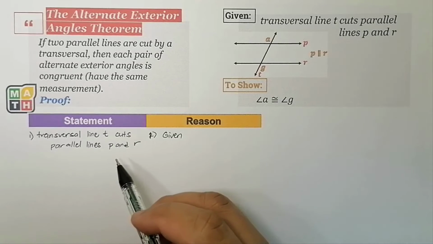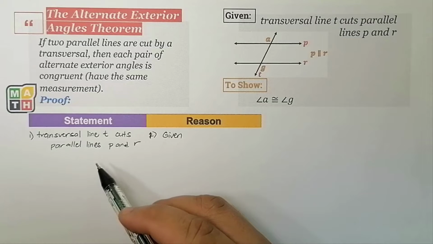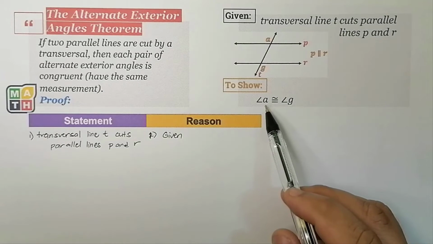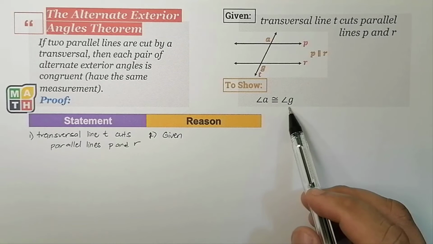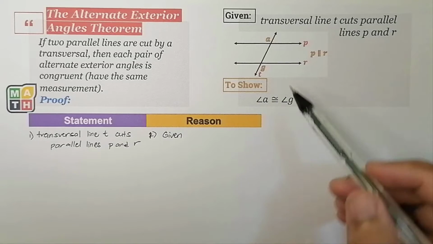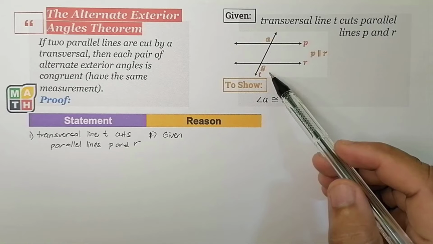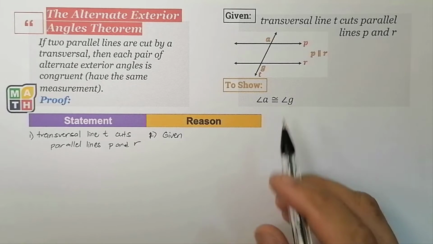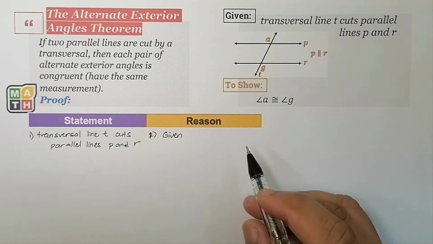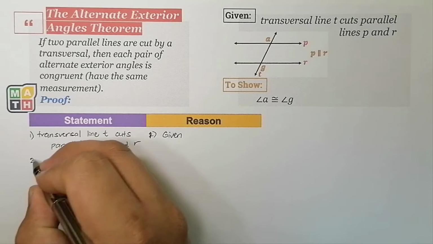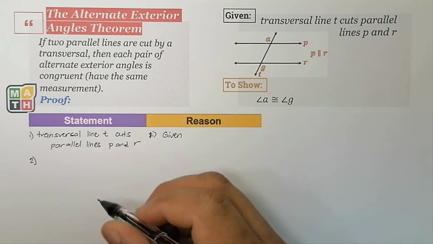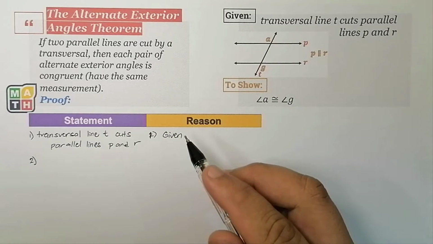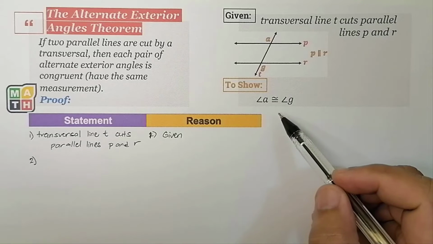Out from these relationships, we need to look for the relationships between angles since our intended outcome involves angles. For this, we have angles A and angle G. However, it's also good to note that we could add here a statement where we are going to name or construct an angle that will help us prove this theorem.